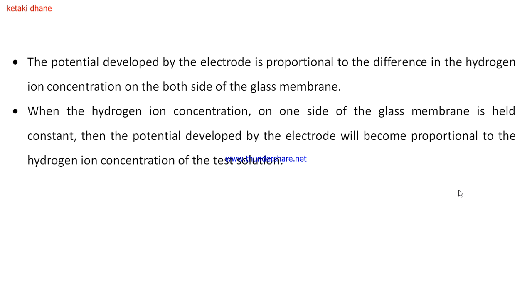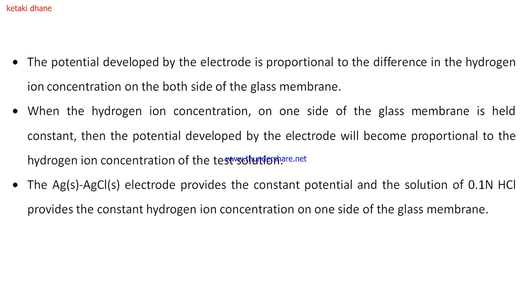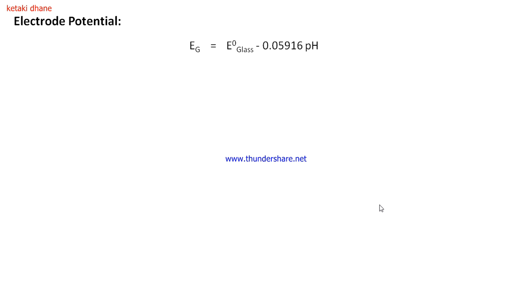When the hydrogen ion concentration on one side of the glass membrane is constant, then the potential developed by the electrode becomes proportional to the hydrogen ion concentration of the test solution. The silver and silver chloride electrode provides a constant potential in the solution of 0.1 normal hydrochloric acid, which provides a constant hydrogen ion concentration on one side of the glass membrane.